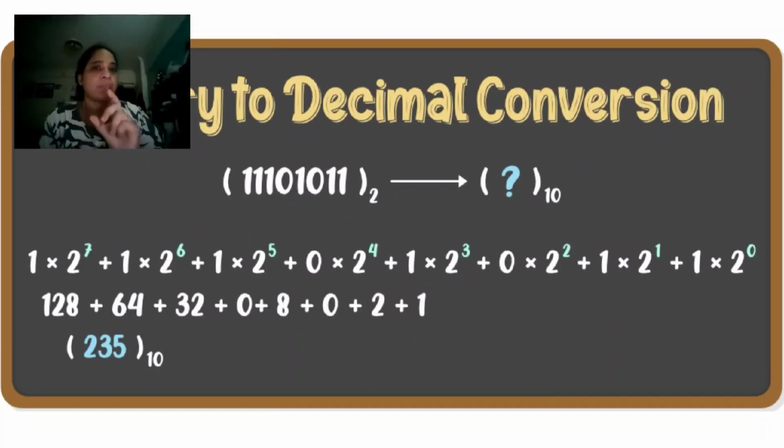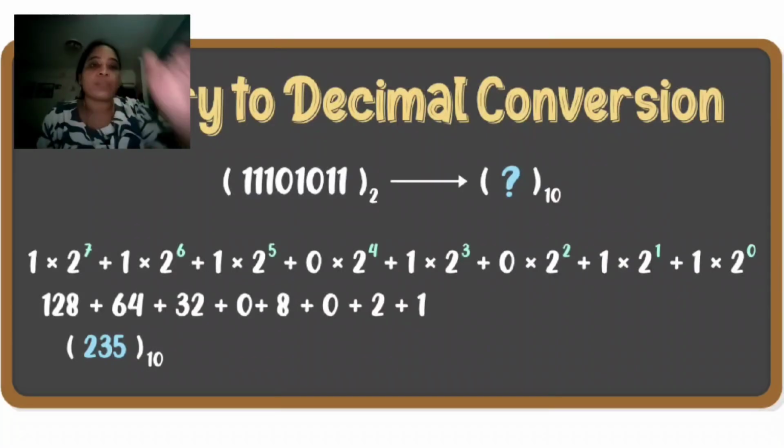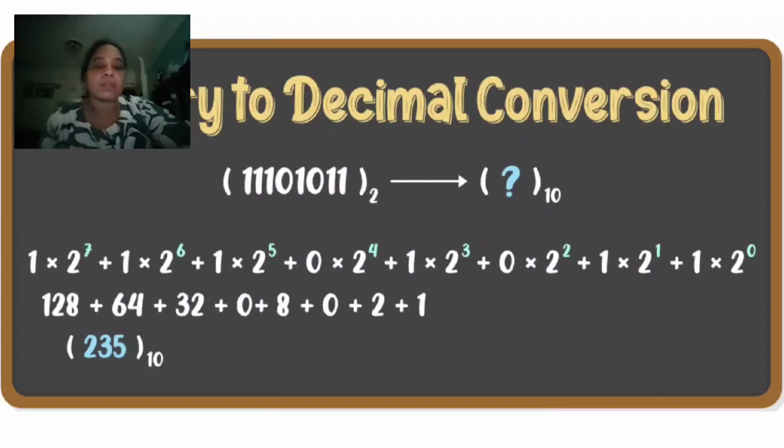Here they give some 8 bits, so I'm going to split this value from right to left. From the rightmost and leftmost corner, I'm going to take this value and apply the power. The base is 2 because this value is in binary, that's the reason I'm using radix 2.